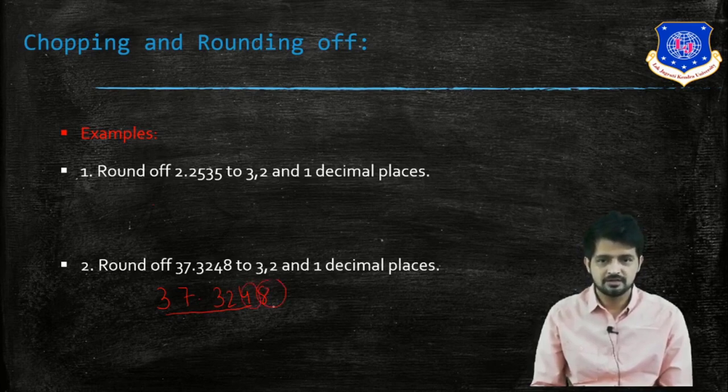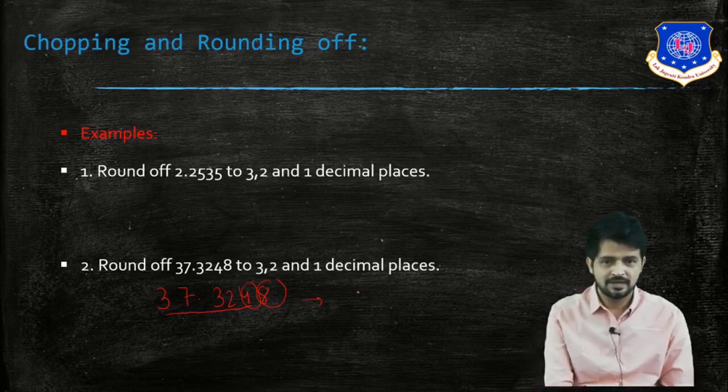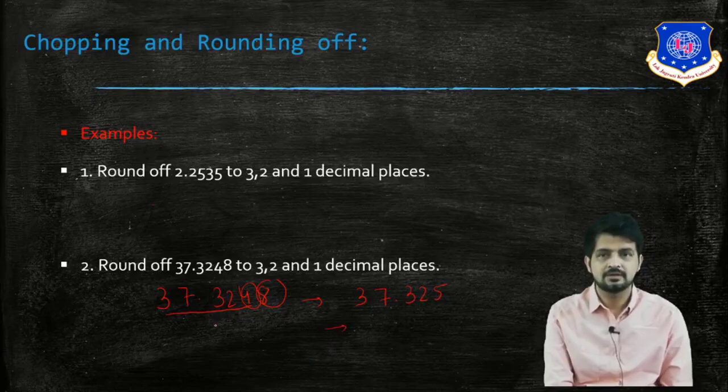This one is our nth digit. Here we can see the n plus 1th digit is greater than 5. So we have to add 1 to this. So my answer will be 37.325. Okay, if I want to write this number up to 2 decimal places, so these are the 2 decimal places.